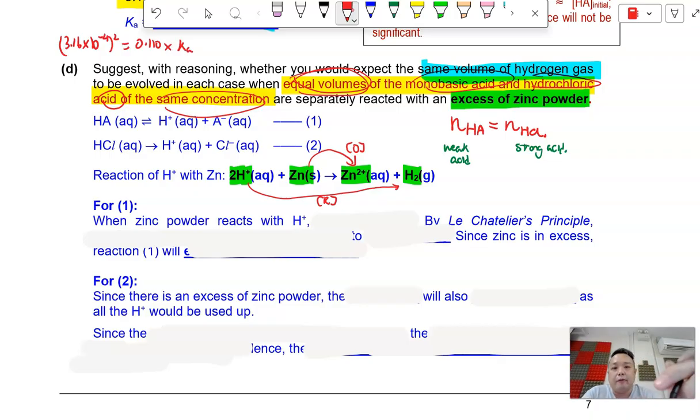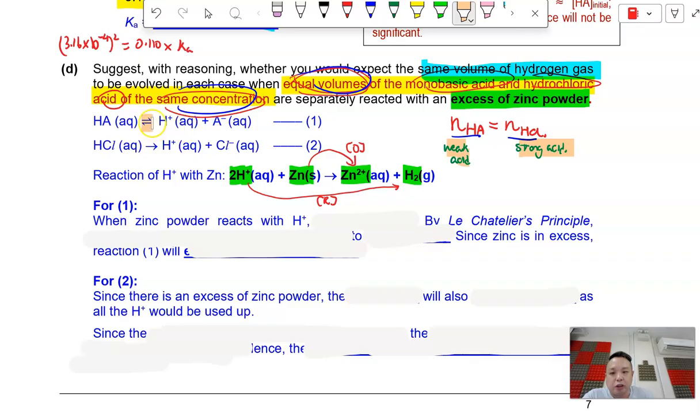Now that we have discussed that the number of moles of HA is the same as the number of moles of HCl, because I use equal volume and same concentration, the question is, do you expect the same volume of hydrogen gas? What's the main difference between a weak acid and a strong acid?